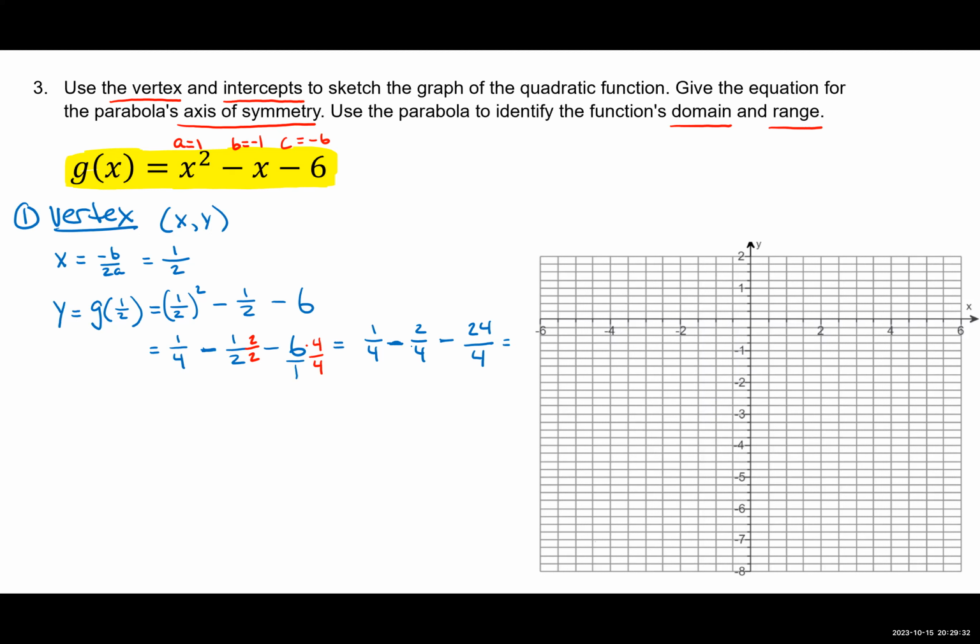So 1 minus 2 minus 24. That's a negative 25 over 4. Or if you like mixed numbers, that's negative 6 1/4. So just under a 6.